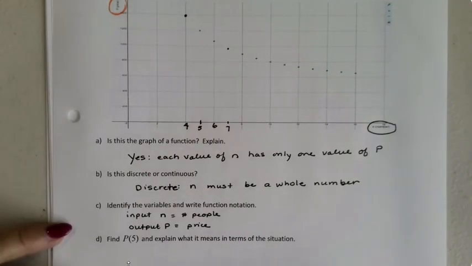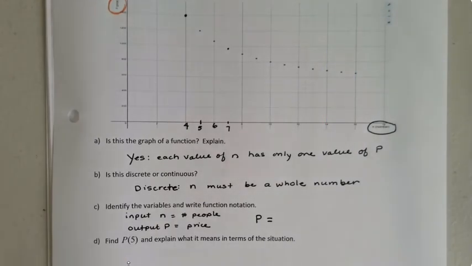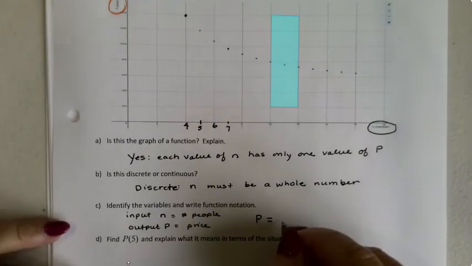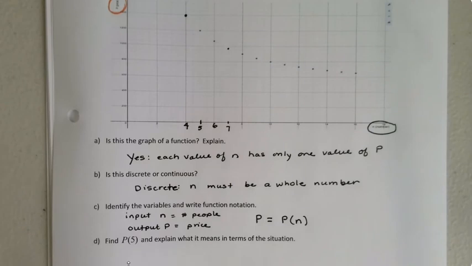Writing function notation, we always start with the output variable. So p equals, and it's going to be a function of n. You can choose your own letter. I'm going to use the output letter, p of n. Again, you could write that as f of n or any other letter that you want to call it. I like to remind myself that that output is a p, a price.